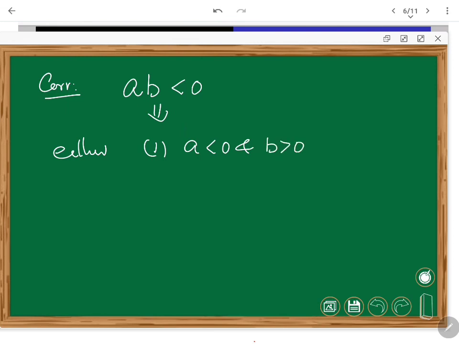So as a corollary, as a last result, we'll write it down. If AB is less than 0, then either, first, A is less than 0 and at that time B must be greater than 0, or secondly, A is greater than 0 and at that time B should be less than 0. This is how it has to come.